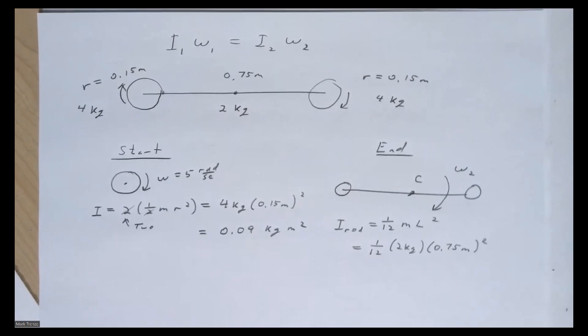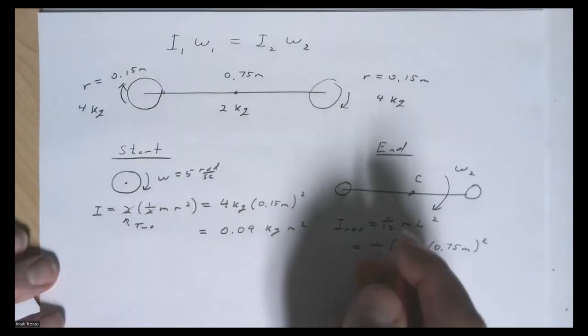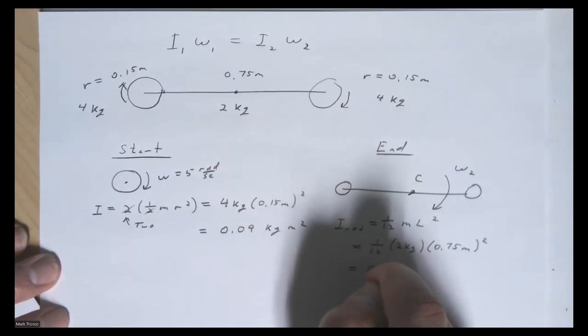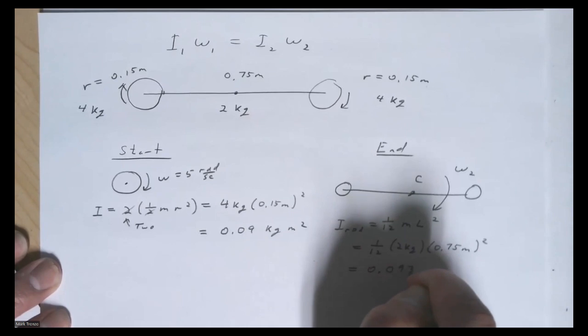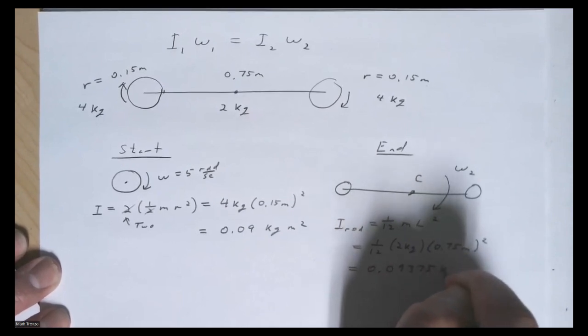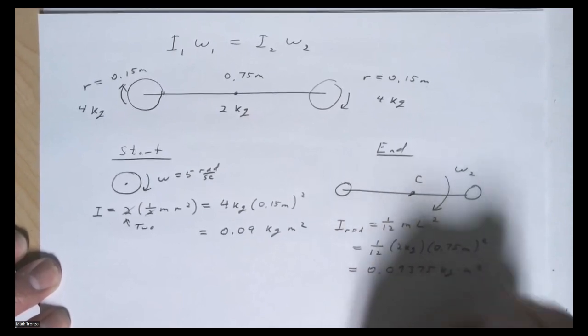If you put all that in your calculator, you'll get 0.09375 kilogram meters squared.